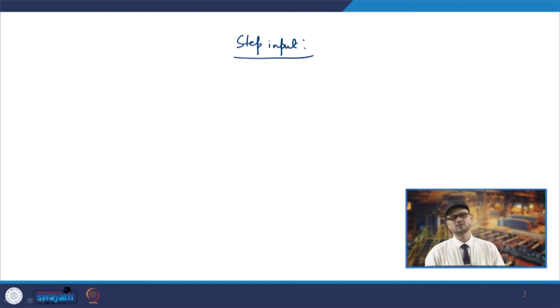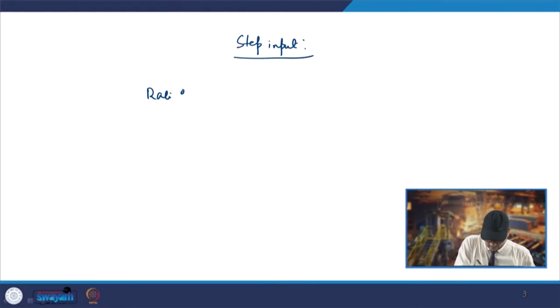You have seen that in the case of step input for the plug flow, there is nothing till theta equal to 1, and then your dimensionless concentration value is 1 altogether. Whereas, if you talk about the step input case for the well mixed flow.